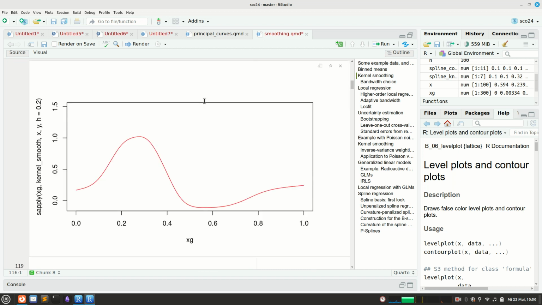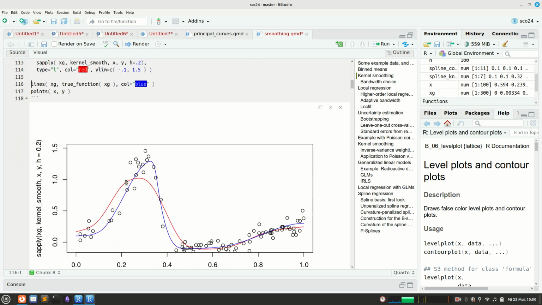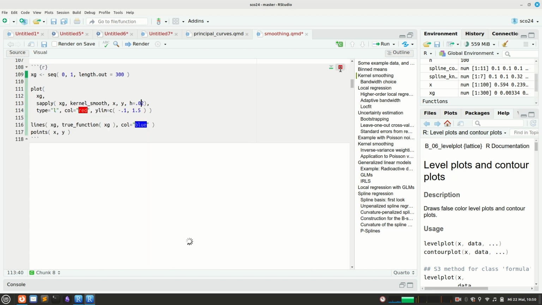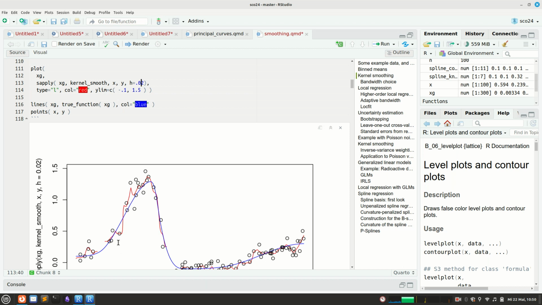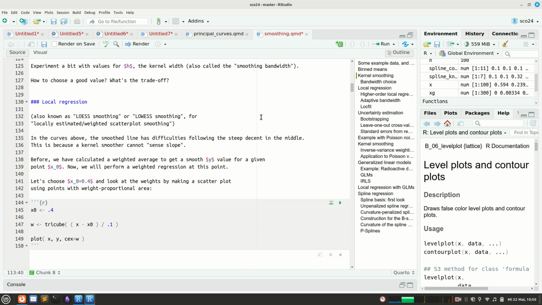Or let's make it 0.2, and now you can see the wider I make the kernel, the smoother it gets, the less the thing is able to follow these tiny little derivatives. But if I make the bandwidth too small, it will follow every little nook and cranny in here. And my aim is to choose a bandwidth which makes a good trade-off between being too wiggly and being too over-smoothed. It's worth playing a bit with this, and I'll talk in a moment about a principled way of choosing the smoothing, but that's how we do it.